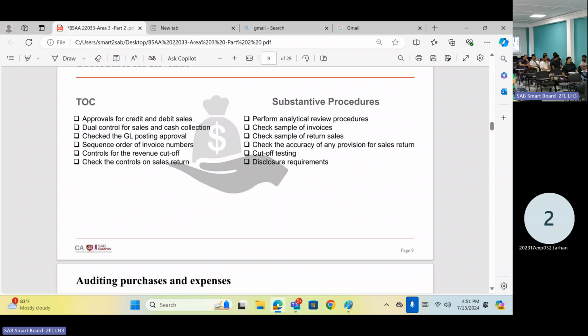So then we are moving to revenue, the critical balance. After doing revenue plus expenses and other income, all P&L and the balance sheet will be completed. So now we are moving to the end of audit procedures, gathering audit evidence in the execution stage.